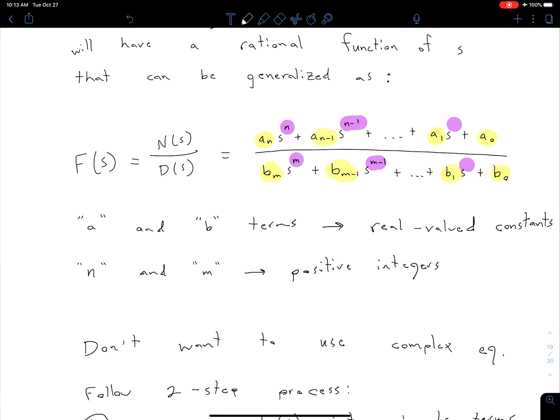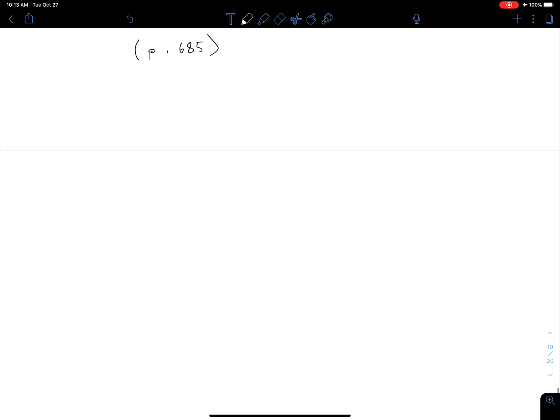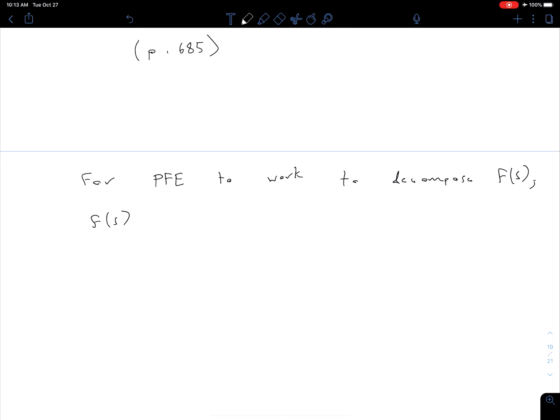One thing that we want to note, a condition that needs to be met for our f of s in order for this process to work, is that for partial fraction expansion to work, to decompose our f of s, it must be a proper rational function.